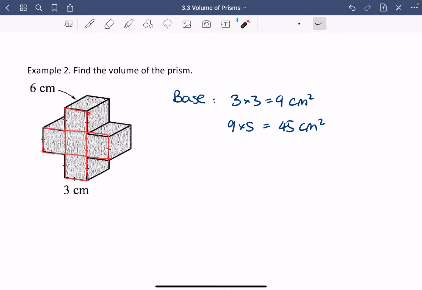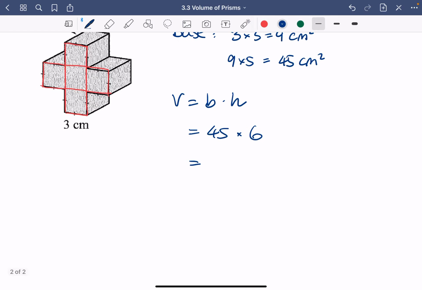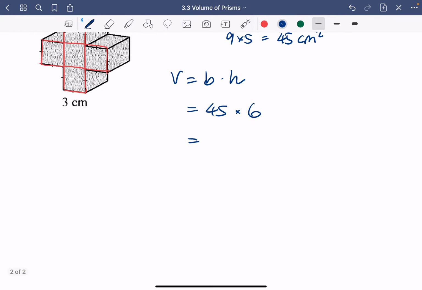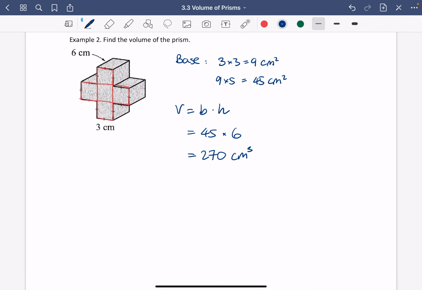So that will be this side here. This side, it says it's 6 centimeters. So then the volume is equal to base times height, which is 45 times 6. And so that will give you 270 centimeters cubed.